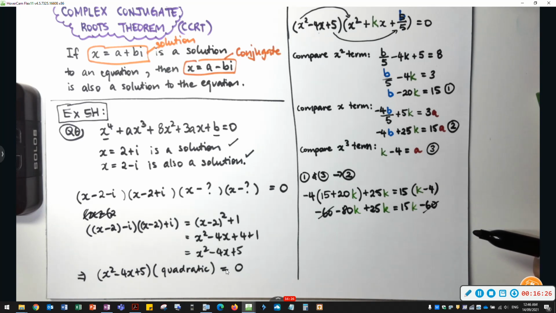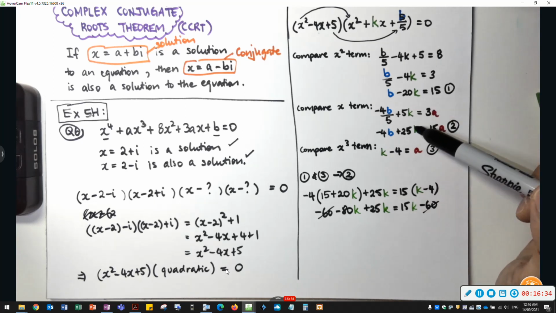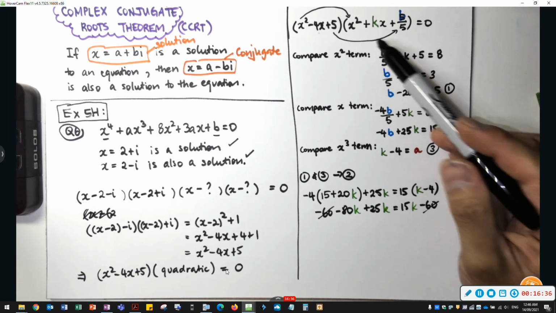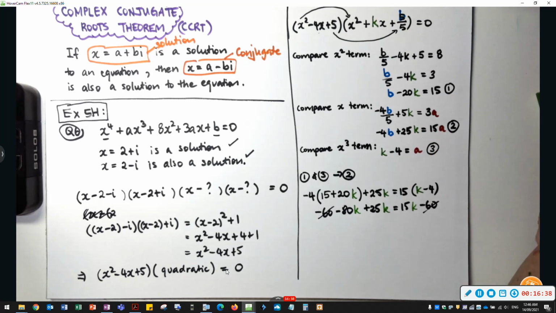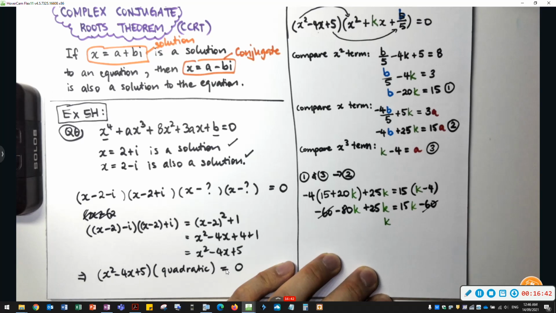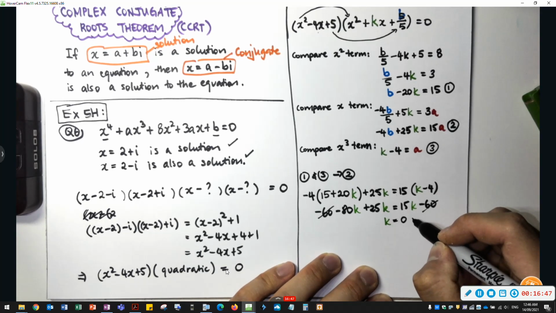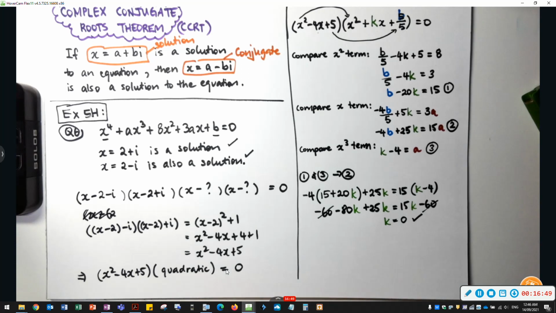Let's have a look at that just to make sure that makes sense. Yeah, it is possible to have k equals 0. Let's go with this. So k equals 0. We actually don't need a middle term. Interesting. So now I can find a and b.